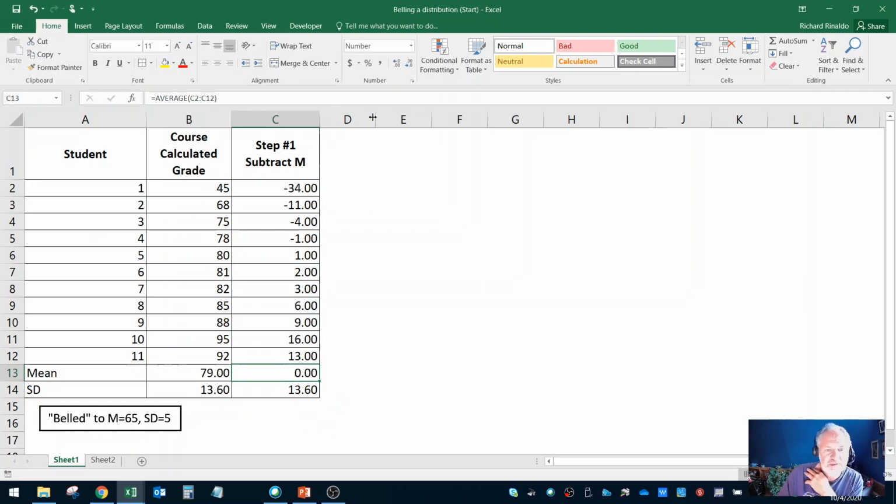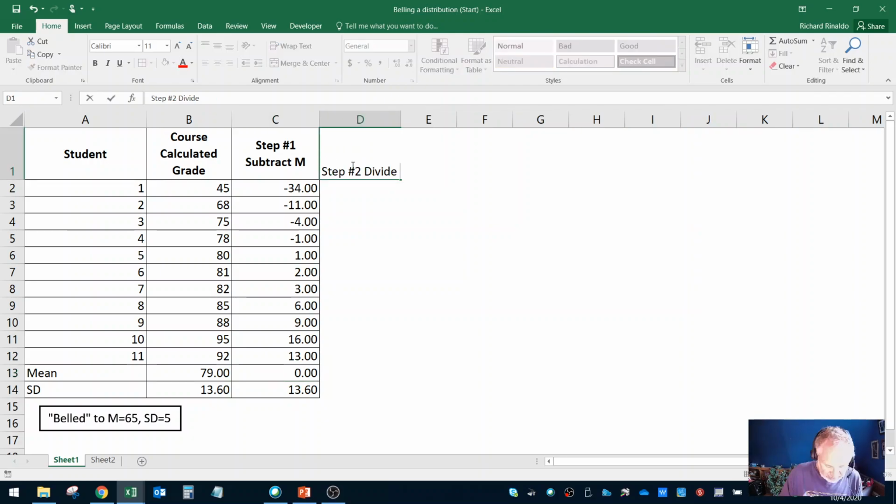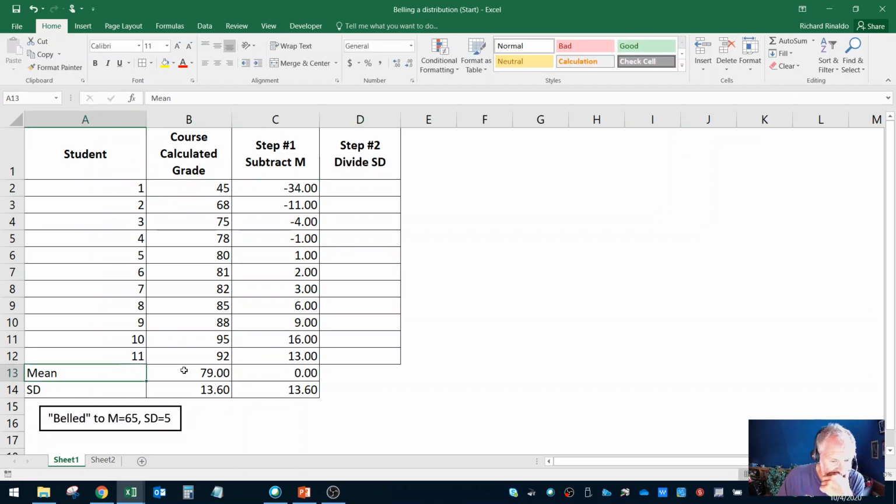So step 2, divide by the SD. So now what I'm doing is I'm taking each score and I'm going to take what I did in step 1.